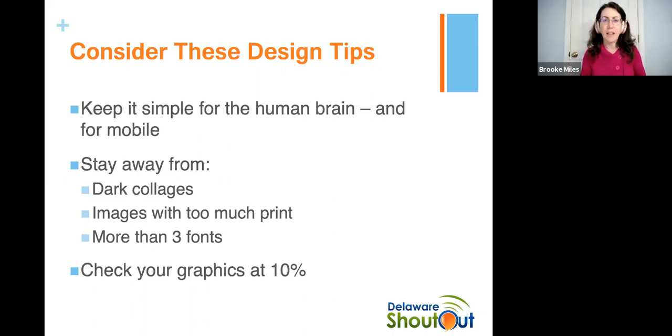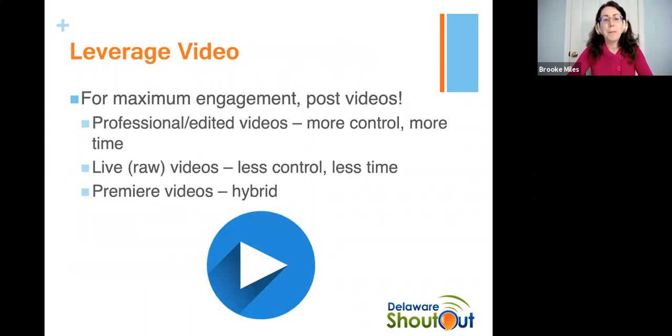I'd rather you take the best single image from a collage and share that one and really brighten it up. Don't have too much print on your images, and anything with more than 3 fonts is really bad. I recommend maybe just 1 font. And again, like I said before, check your graphics at 10%. And then we're gonna just talk about video.